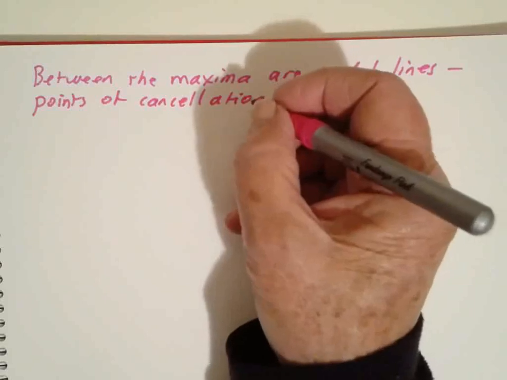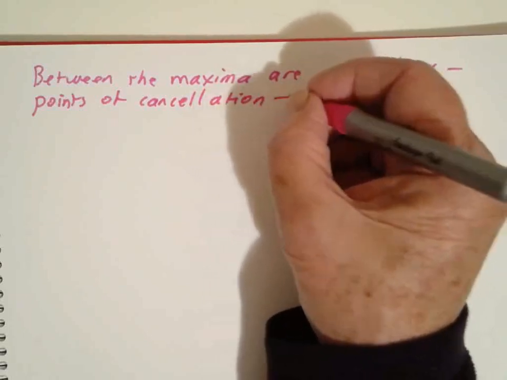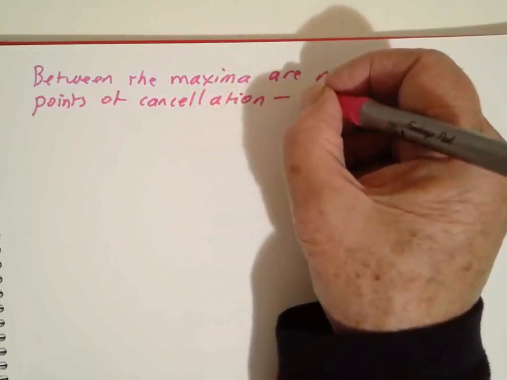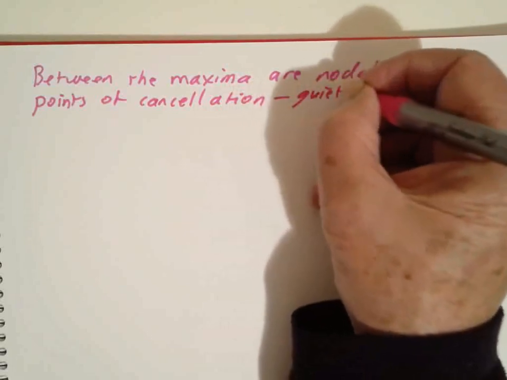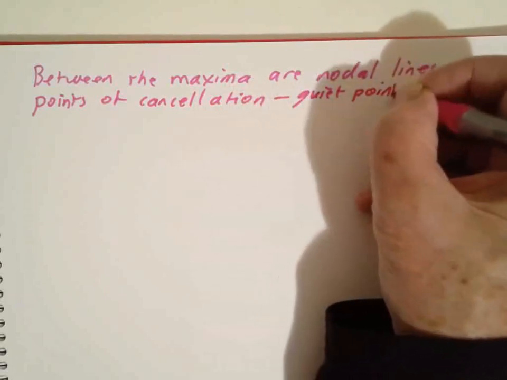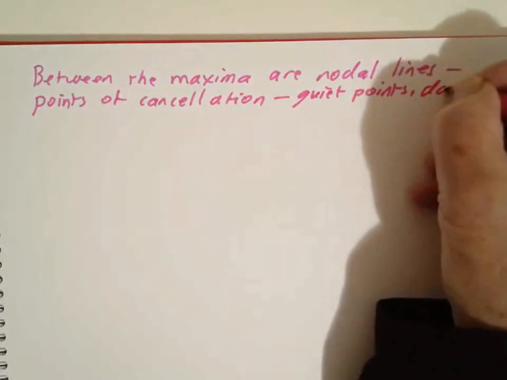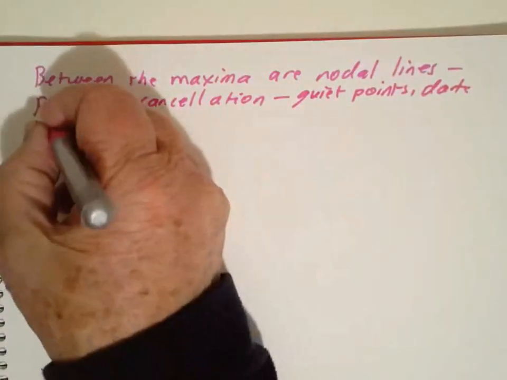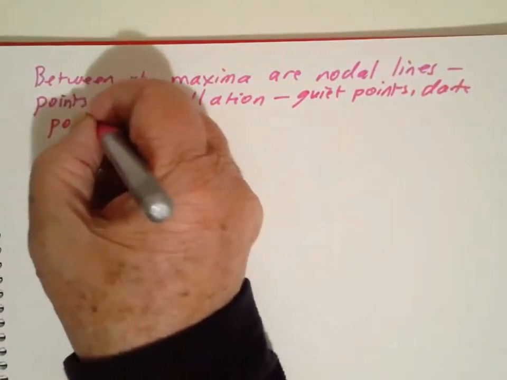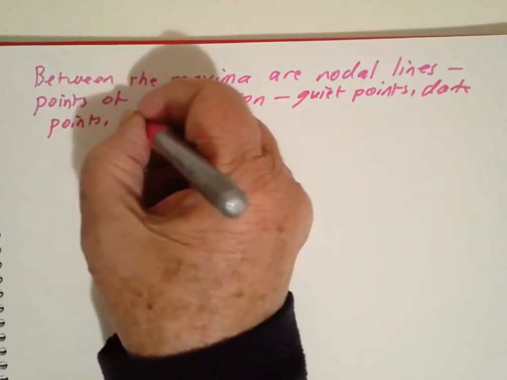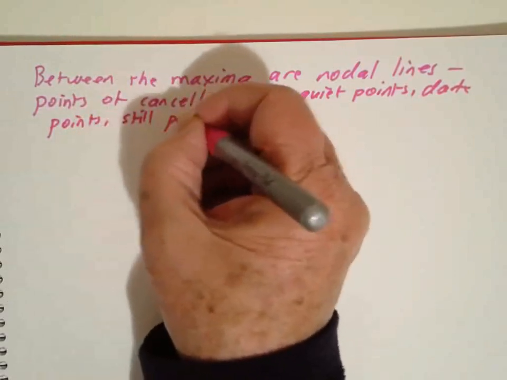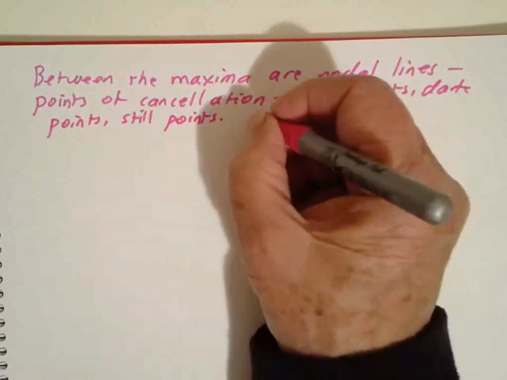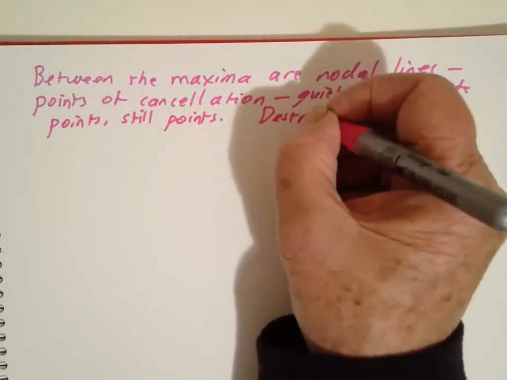So these are quiet points, dark points, depending on what you are using. So there could be quiet points, dark points, still points, depending on the type of waves. And this is called destructive interference.